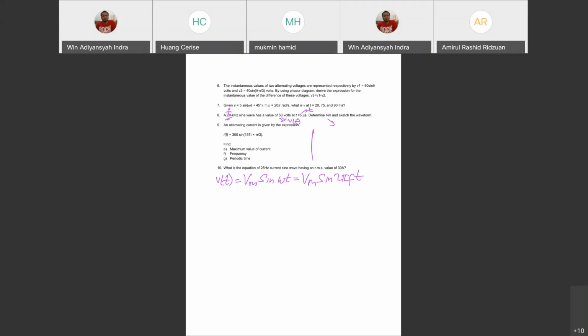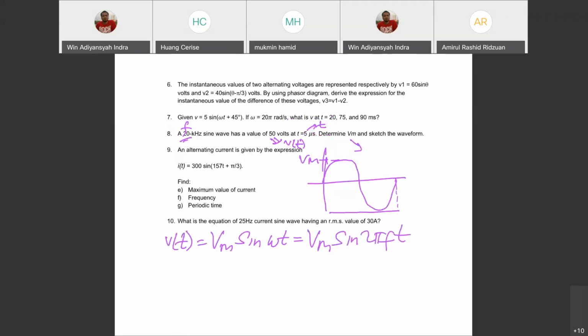Going to sketch first. This is a sketch of a sine wave. This one, for example, is Vm maximum. This is T, one cycle.